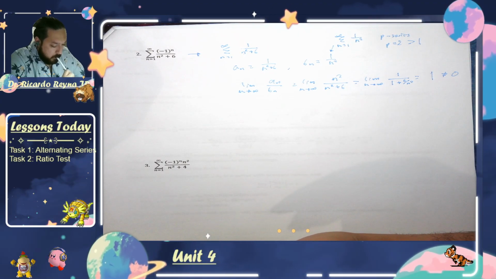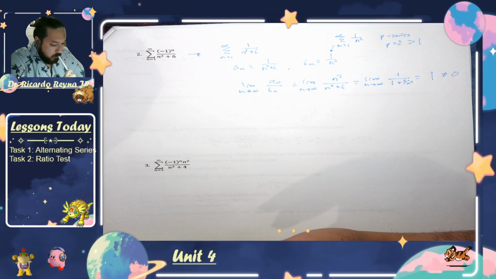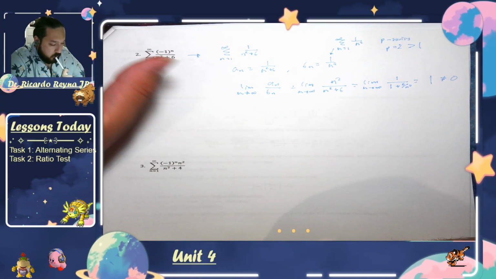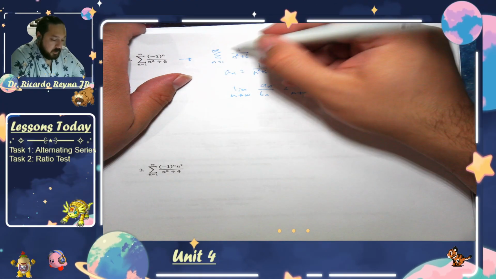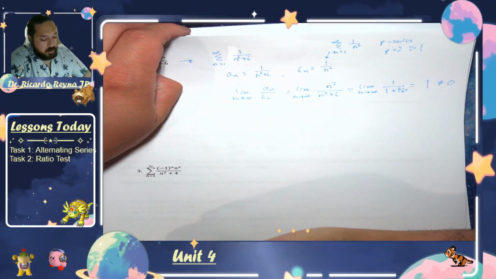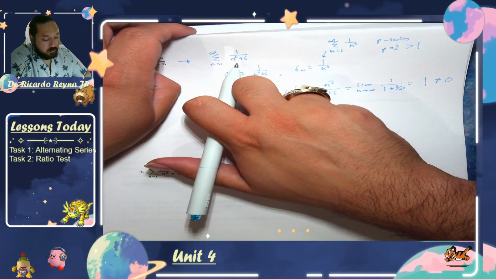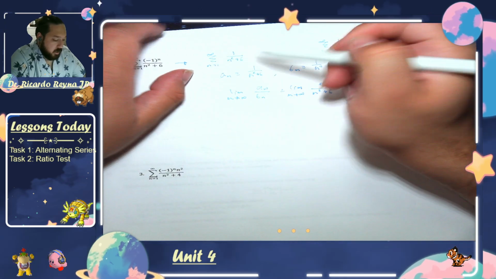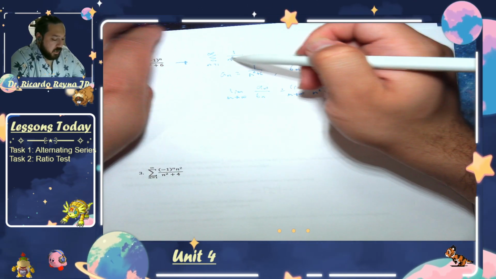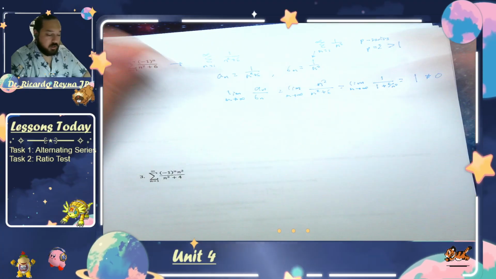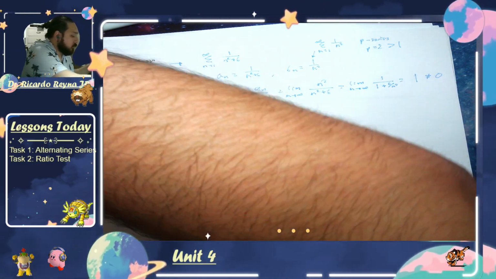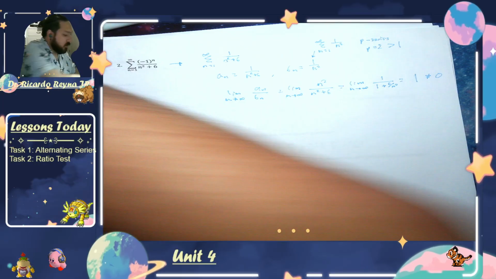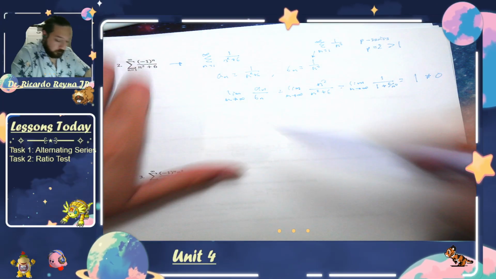For fun, because it does decrease, I'm pretty sure this does decrease over time, especially after 1, I'm going to go ahead and do the integral test as well, just to convey to you guys you can do whichever one you want.